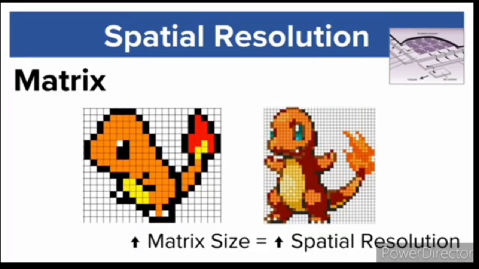Increasing matrix size increases spatial resolution. Charmander on the left has a matrix size of 378, and the one on the right has 1330. Because Charmander on the right has a higher spatial resolution, we can resolve individual flames in their tail, whereas the one on the left looks like there's only one flame.